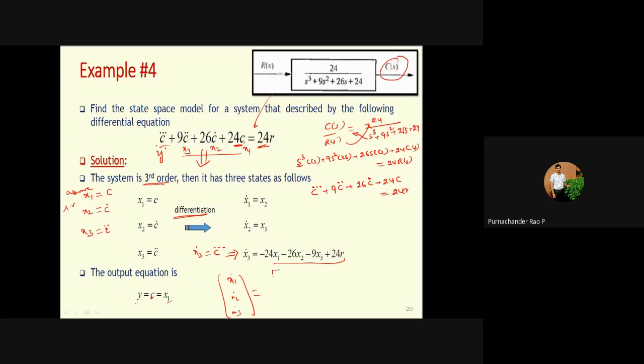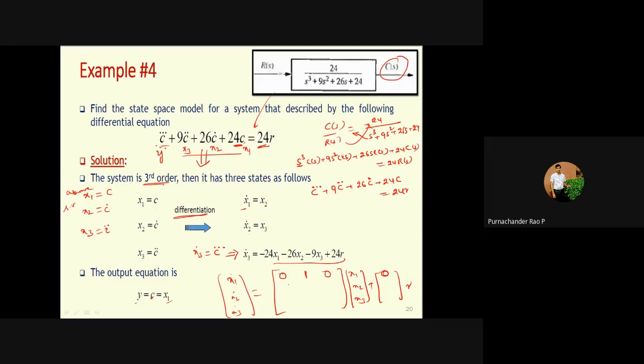So this is equal to the matrix times x1, x2, x3 plus the input r. Okay, so x1 dash దగ్గర ఏముంది, only x2 నే ఉంది. So x1 is 0, x2 is 1, x3 is 0. And the input is also not there, so this is 0.